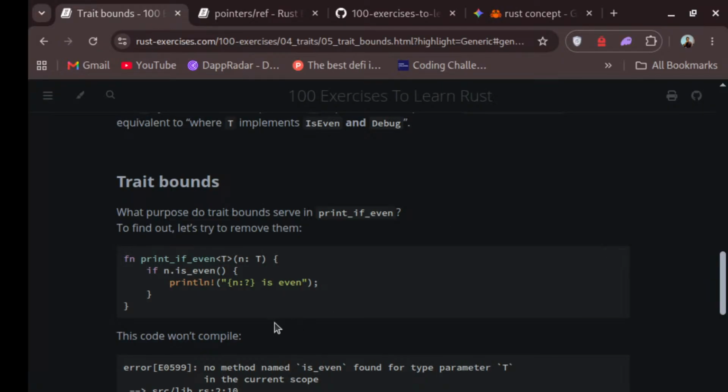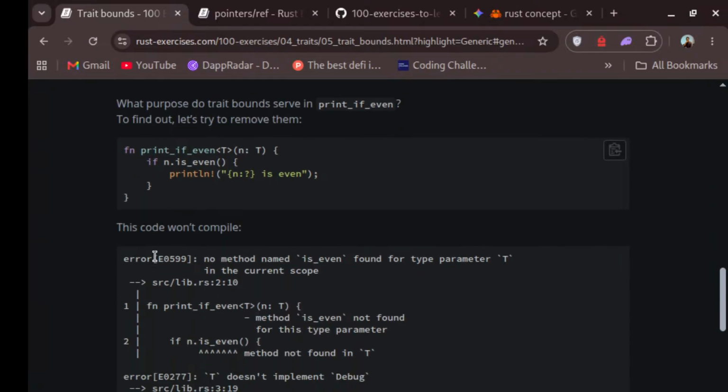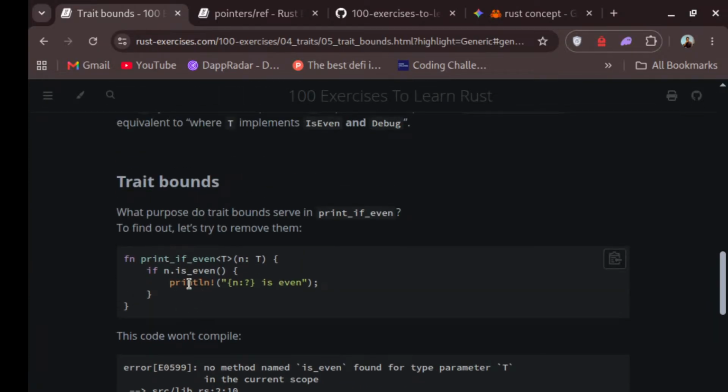So here we can see this code. Here we have a function called print_if_even, and we pass a generic, and here is the implementation: if n.is_even(), then print n.